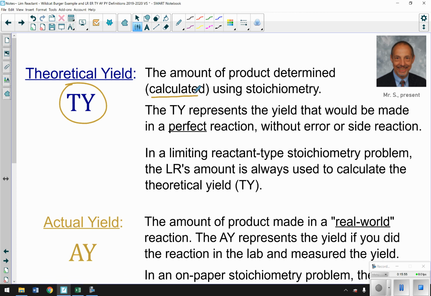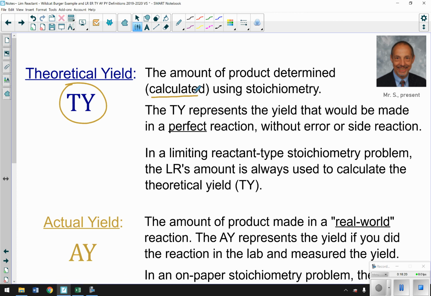Now, in a limiting reactant type stoichiometry problem, what do we use to determine the theoretical yield? Well, we saw with the lettuce. The lettuce was our limiting reactant. We couldn't use the amount of bacon to figure out how many burgers we could make. We couldn't use the amount of burger patties or Swiss cheese or barbecue sauce. We had to use the ingredient that was going to control or limit the amount of product.